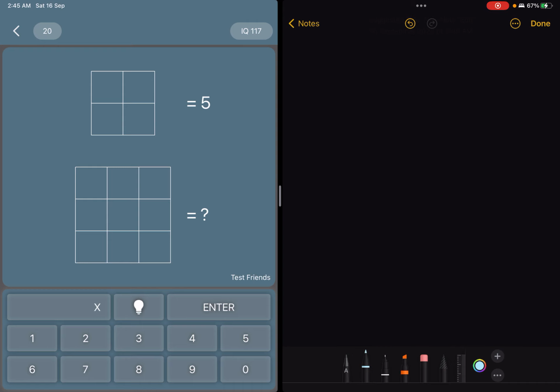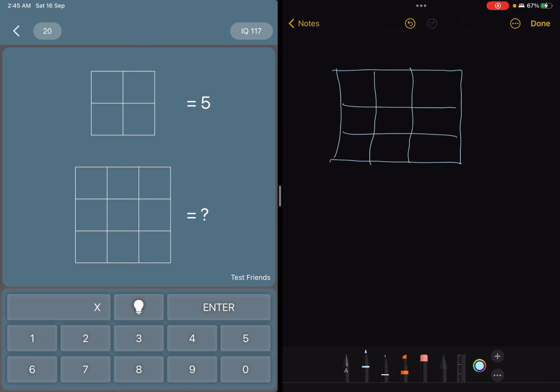Okay, so let's assume that the number of sides of the square are not equal, like this. Please assume that this is a square, and now we have to count the number of squares in it. I'm not very good with drawing, so please assume that these all are squares.